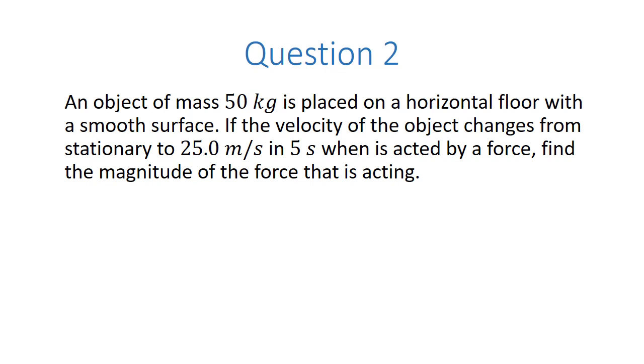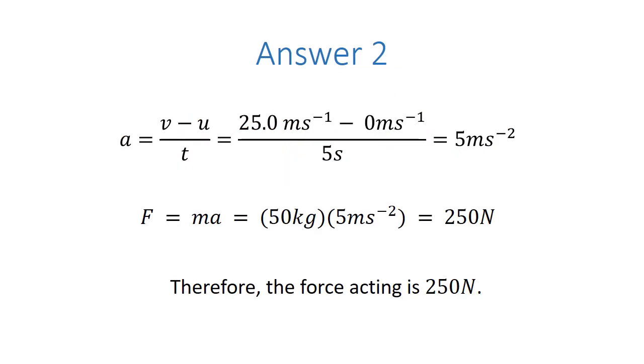But can we find it out? Since provided that we have the initial velocity, we have the final velocity, and we have the time, can we find out acceleration? That's right. Applying the concept of acceleration, which is the rate of change of velocity, we can first find the acceleration. So now, let's find the acceleration. Acceleration is the final velocity minus initial velocity per unit time equals to 25 meter per second minus 0 meter per second per 5 seconds.